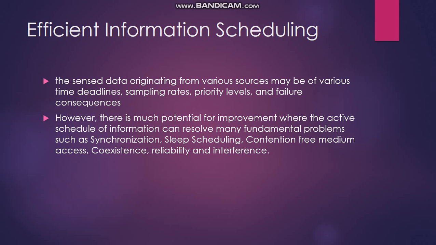However, there is much more potential for improvement, where active schedules of information can resolve many fundamental problems of synchronization, sleep scheduling, contention-free medium access, coexistence, reliability, and interference. Thus, a good schedule design is of principal importance in TDMA based industrial communication standards. A poor schedule may lead to a violation of time constraints in harsh industrial environments.